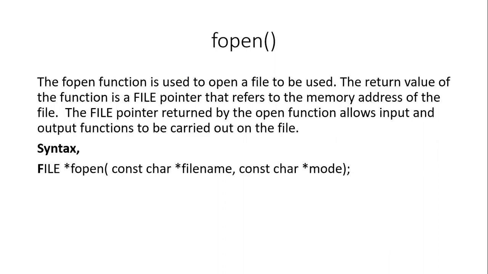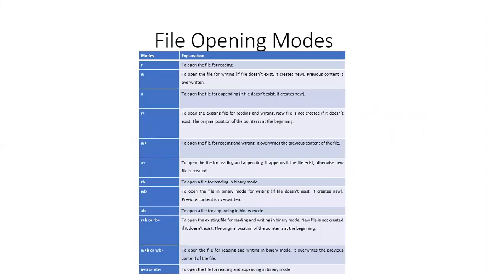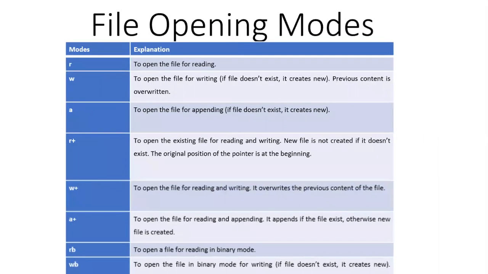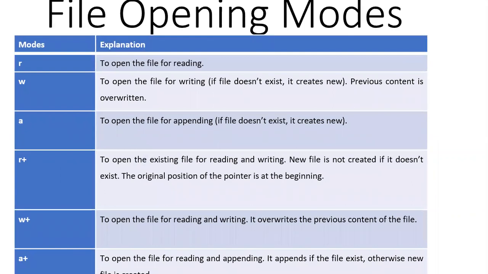You can use various modes while opening the file that decide what operations are possible on the file. Some of the opening modes that you can use are r, used to read a file, w, used to perform the write operation on the file, and a, used to append the content into the file.